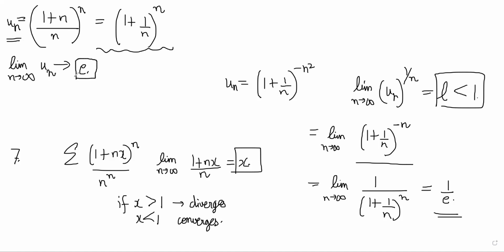So it diverges, because when you take Sn, it will become very high.